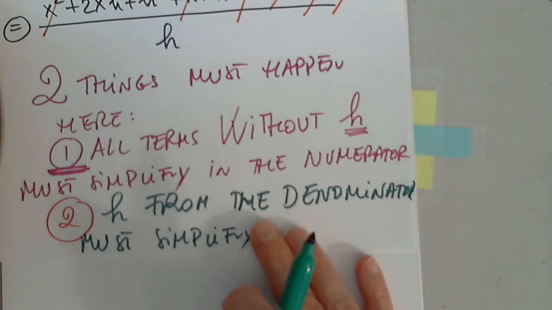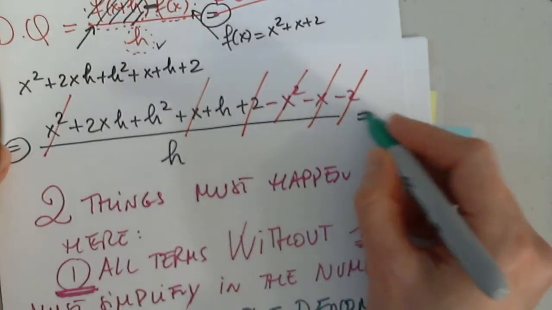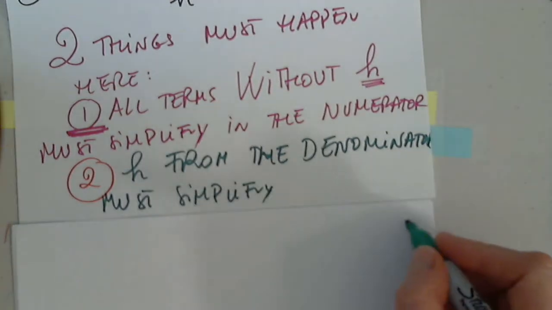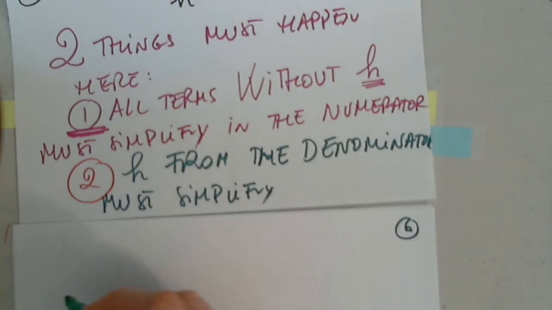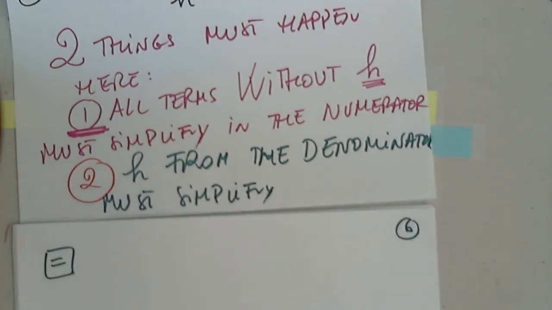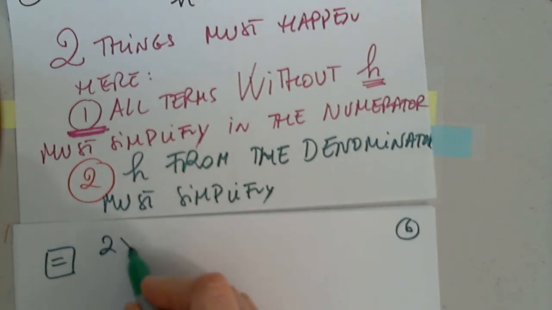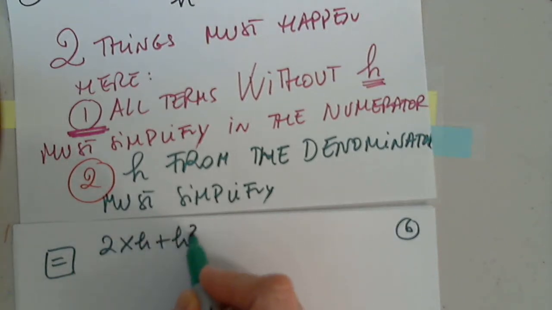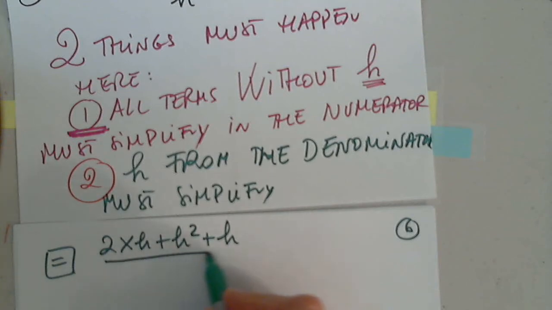So let's see. So I will continue. I'll put a square here, so I don't have to write it again. And here it is, my square. The numerator now is 2xh plus h squared plus h, divided by h.